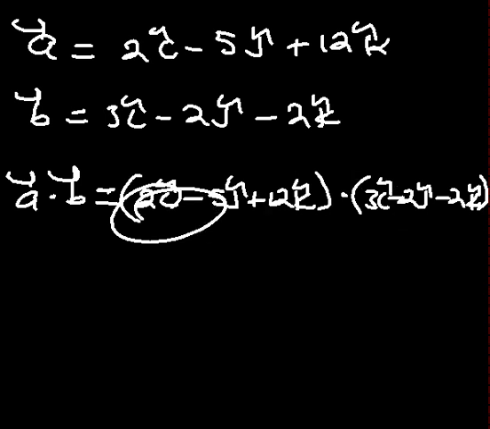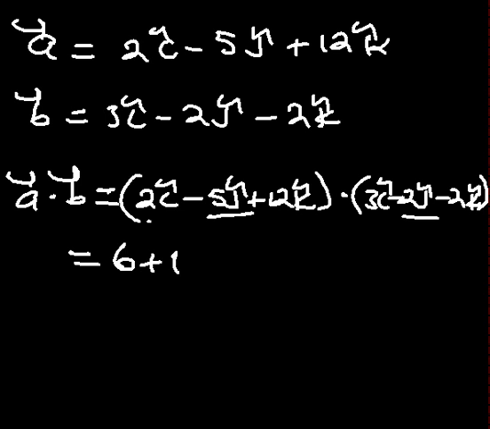So in this case we have 2i times 3i, which is 6. Plus negative 5j times negative 2j, which is plus 10.